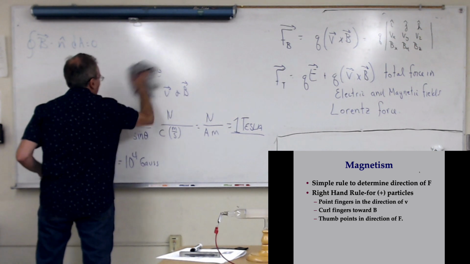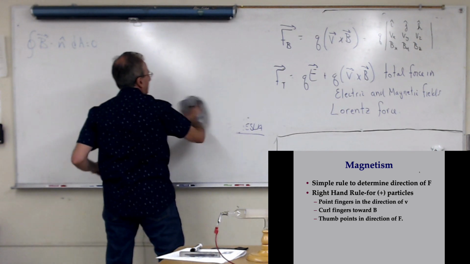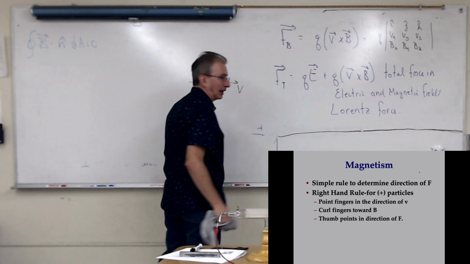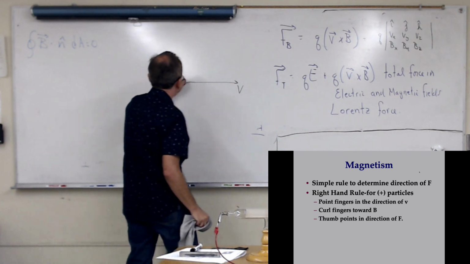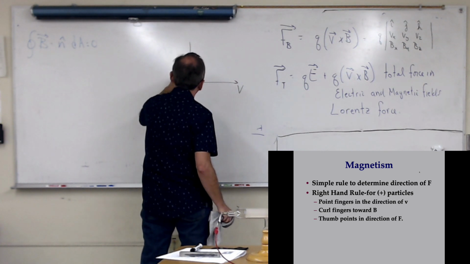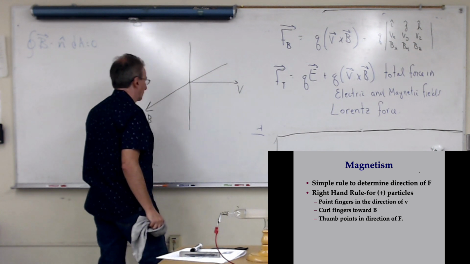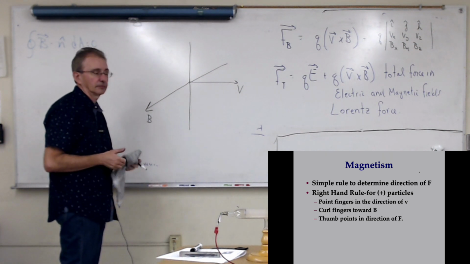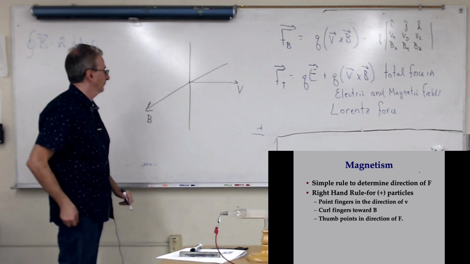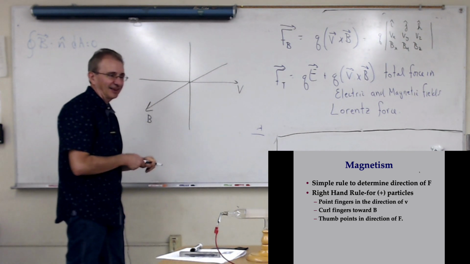Okay, so let's say a charged particle moving to the right with velocity V. I'm going to draw a 3D coordinate system. Let's say the magnetic field points out of the board. I'll show you the way I learned it.